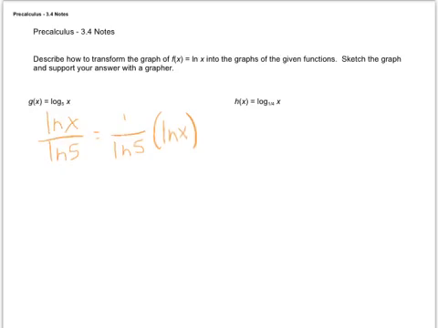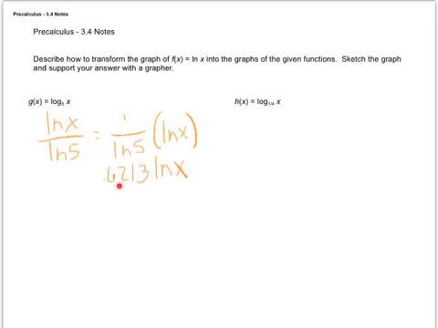So what are we doing to the base function? That's the question. And the answer is we're just multiplying by a constant. If you plug 1 divided by the natural log of 5 into your calculator, you'll get a decimal, and in fact, a decimal that's less than 1. When I punch that in, I get 0.6213 natural log x.